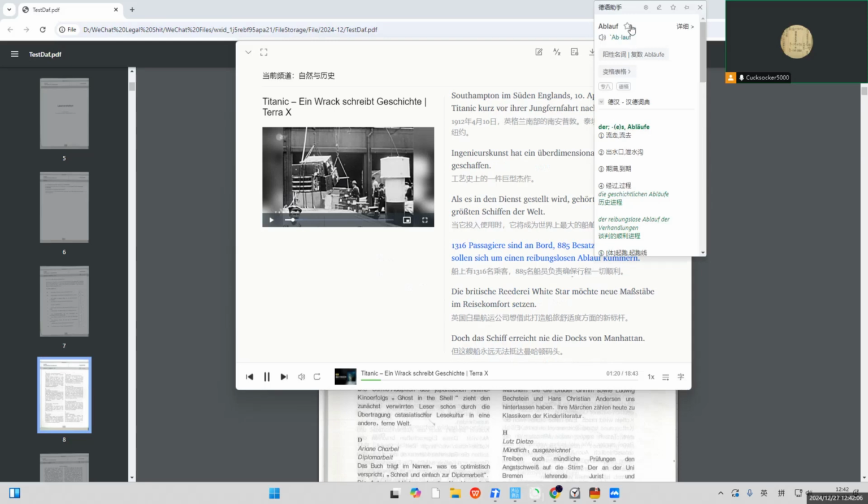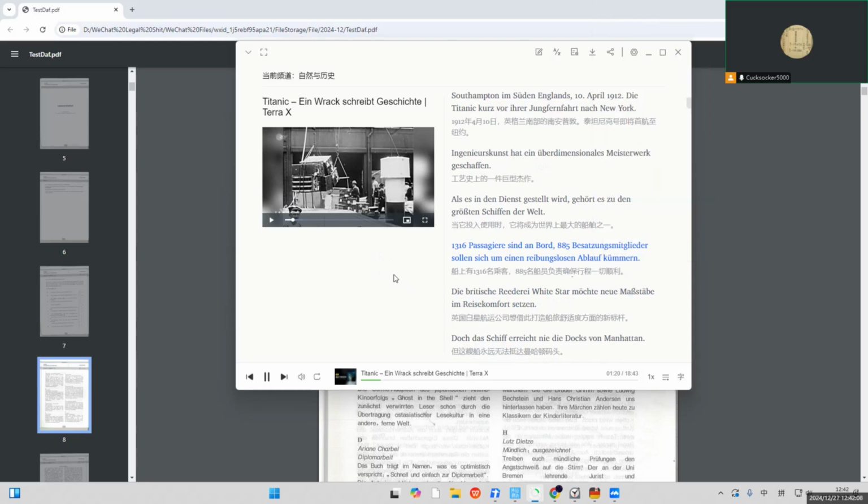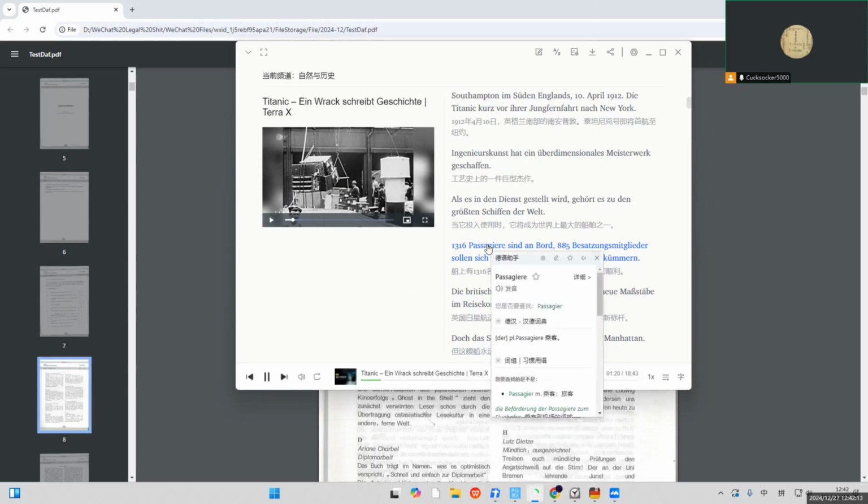Ablauf. Okay. 1316 Passagiere. Passagier. Okay, this is an important word. Passagiere dürfen nur ein Handgepäck mitnehmen. Okay, it's a masculine noun, and you use e for plural.